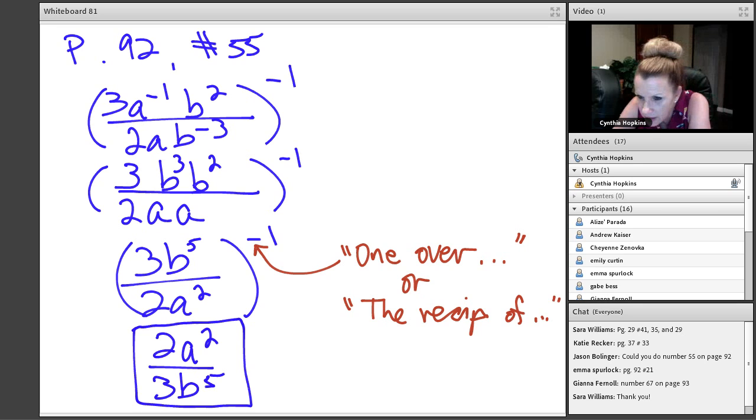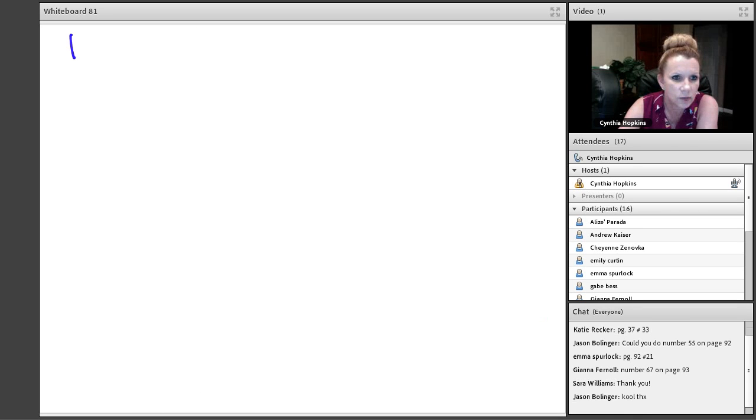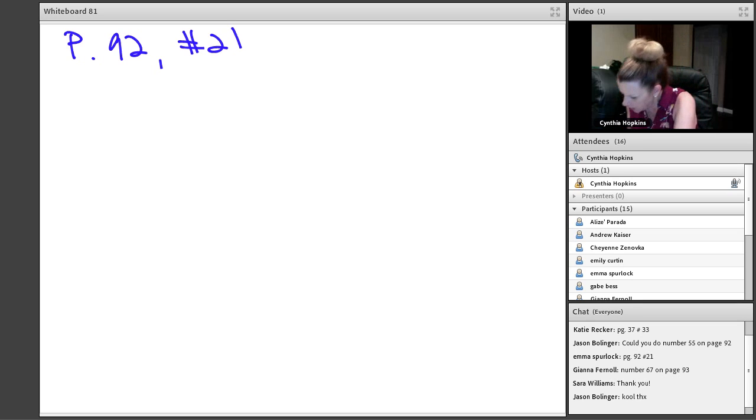All right, Emma is asking for number 21 on the same page. So page 92, number 21. Okay, let's see. This gives us a big old mess of an expression, and then they want us to substitute x equals 2 and y equals 3. Okay, I am going to write the original that was given first.